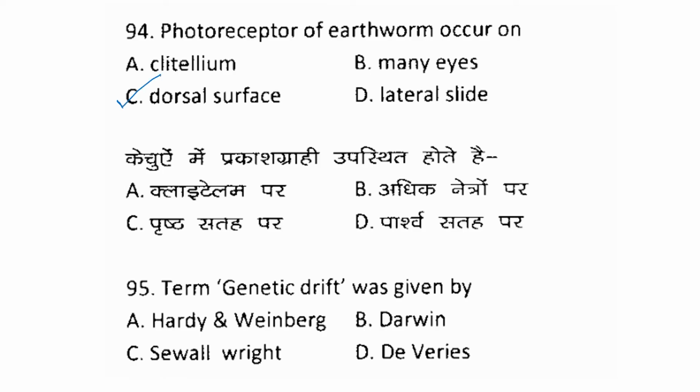Next question: the term genetic drift was given by Sewall Wright. Hardy-Weinberg gives the equilibrium of a population. Darwin gave the theory of evolution, the struggle for existence and natural selection. Hugo de Vries gave the theory of mutation.